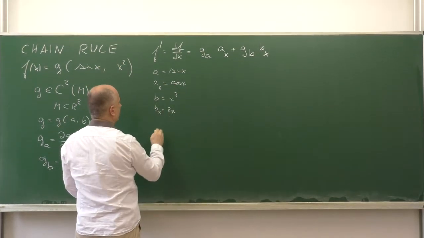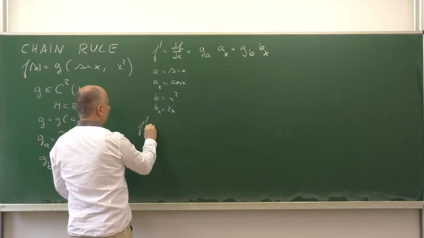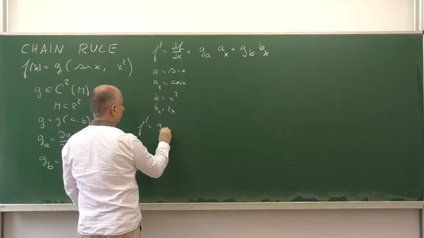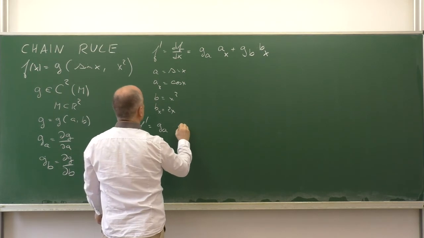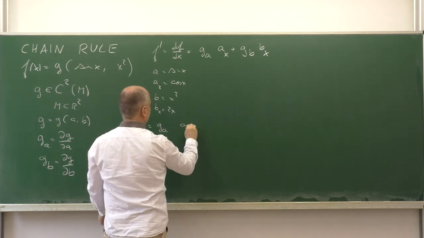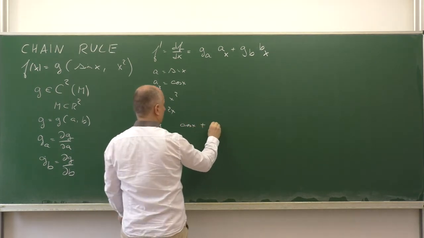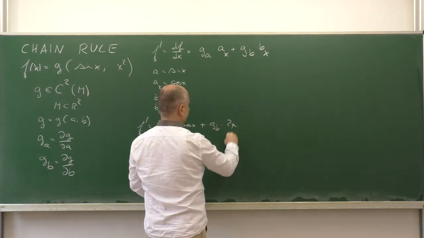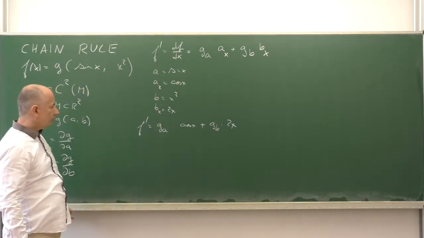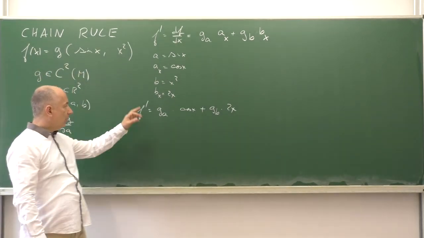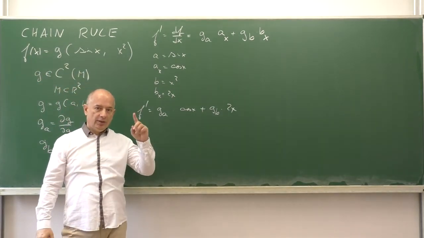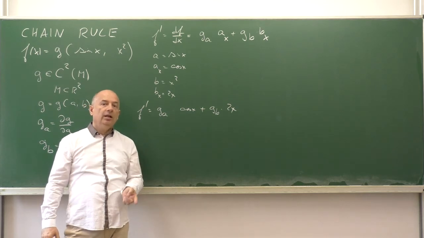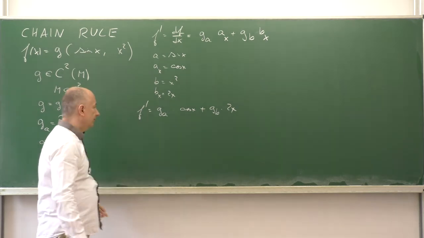So we can simplify the derivative to ga times cosine of x plus gb times 2x. And now, having the first derivative, we can differentiate this once again to get the second derivative.